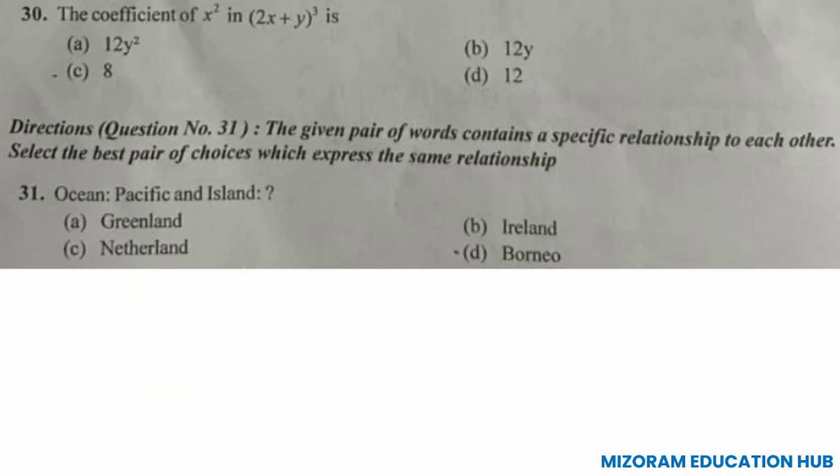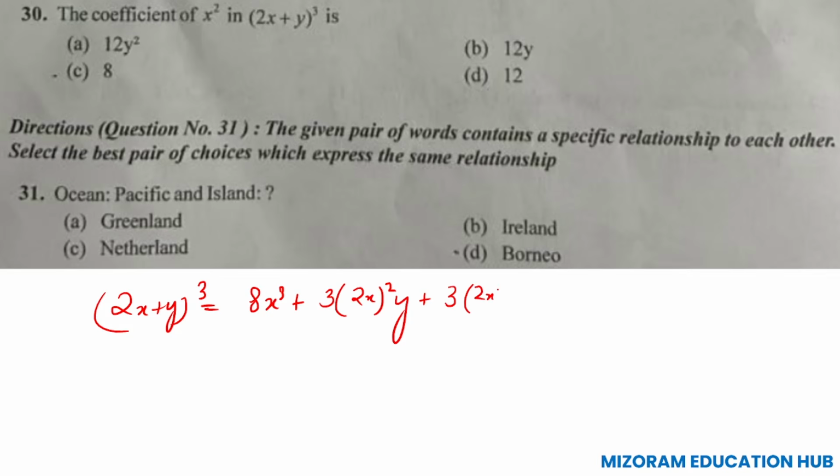Question number 30. The coefficient of x square in 2x plus y whole cube. So we expand a plus b whole cube: 8x cube plus 3a square b, 3a square b plus 3ab square, so 2x y square plus y cube.